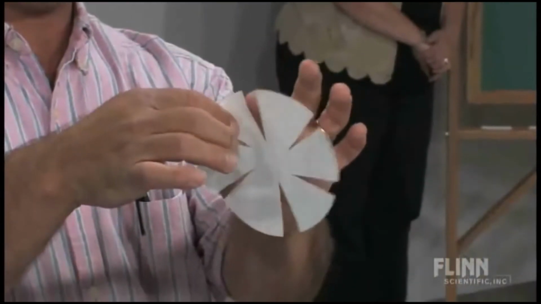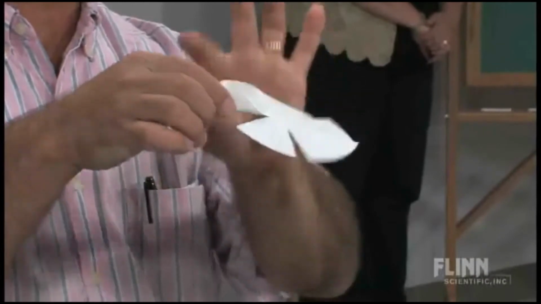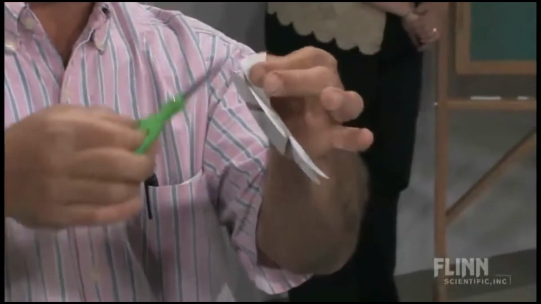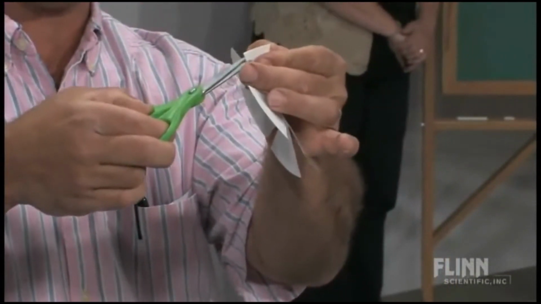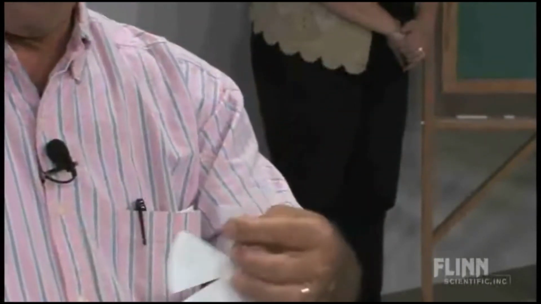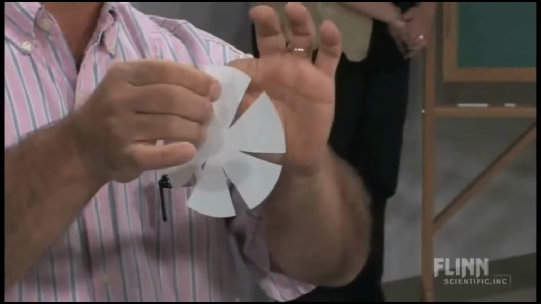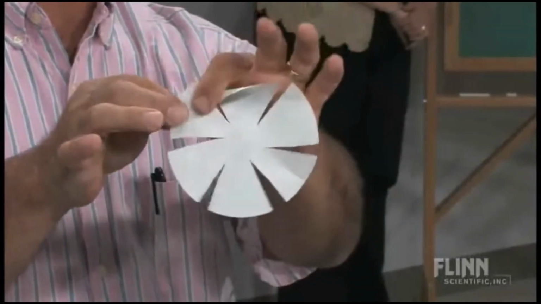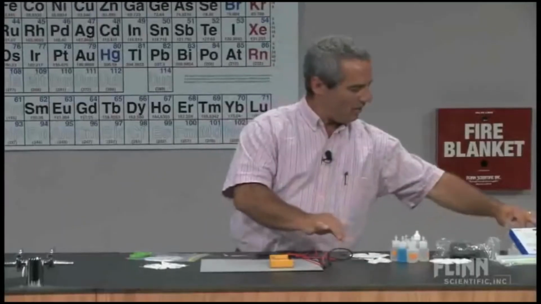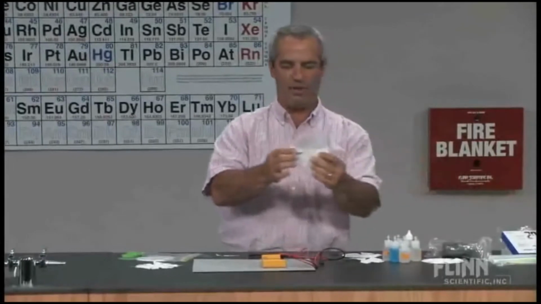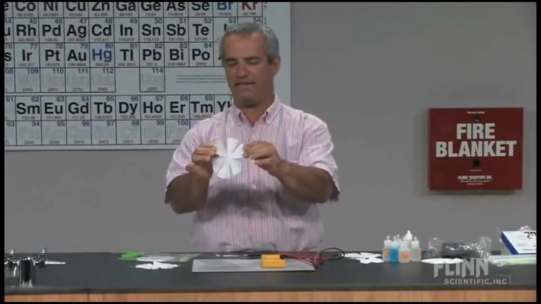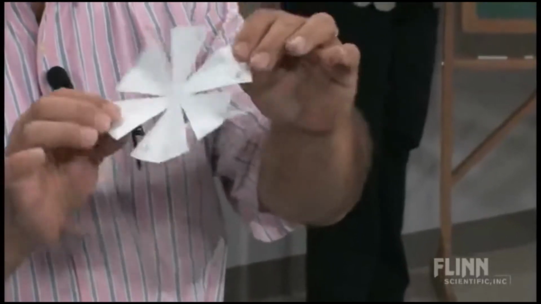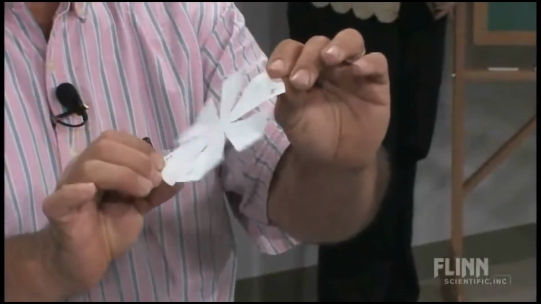Then they have to make 2 little slits near the edge of each of these. So they fold it in half a bit and make 2 little cuts like that. And so you get the little slits there, done in each one of the 6 petals. And when they're done, they'll label them A, B, C, D, E, F with a pencil or a marker that's not going to run.